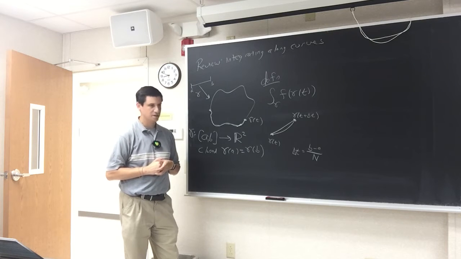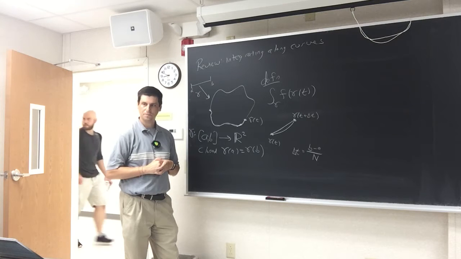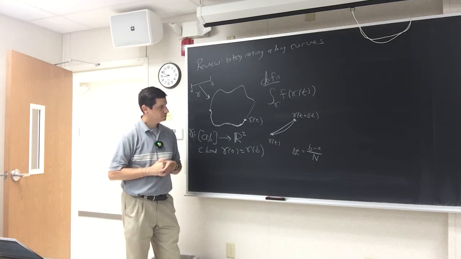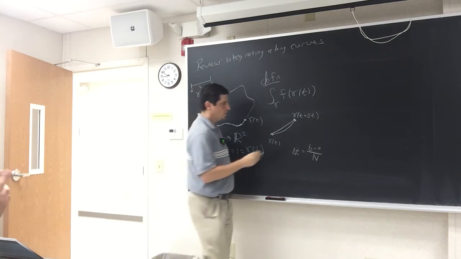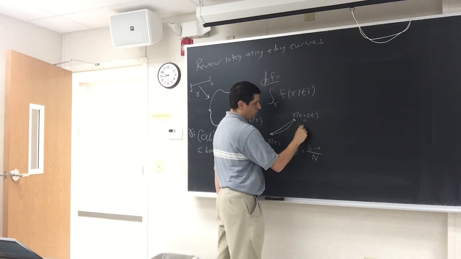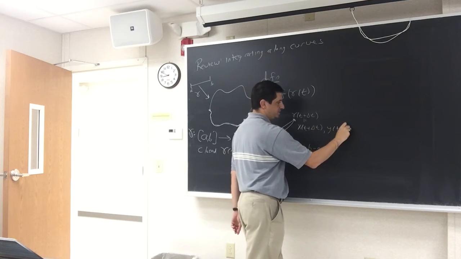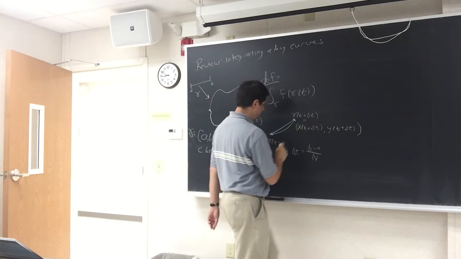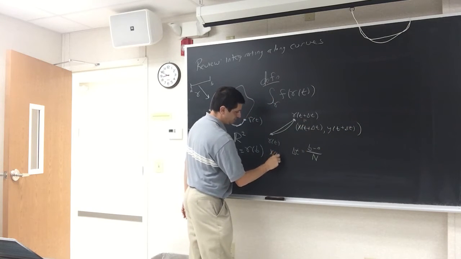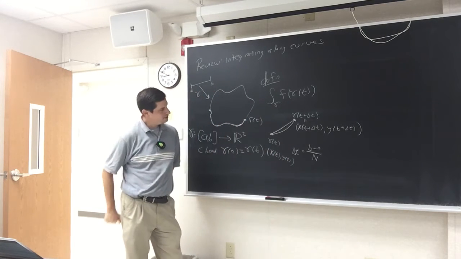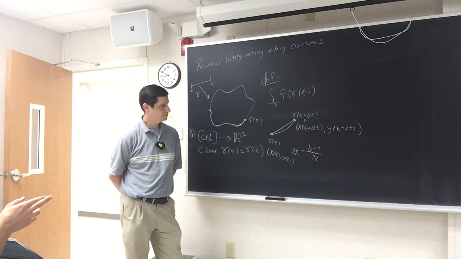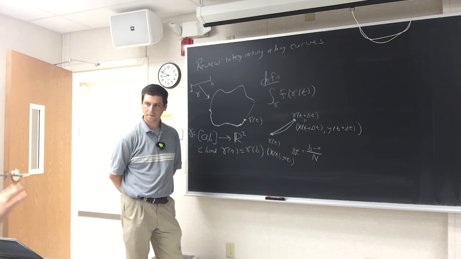The length of the line segment. Isn't there a simple formula from algebra for that? We'll write this as x of t plus delta t, y of t plus delta t, and this point over here will be x of t, y of t. So how would you find the length of that? x of t plus delta t minus x of t.